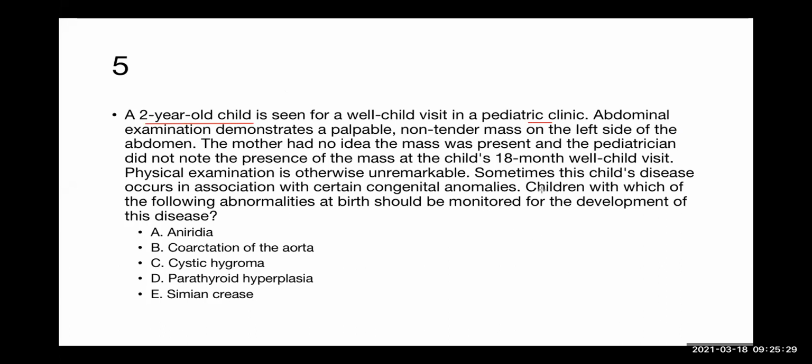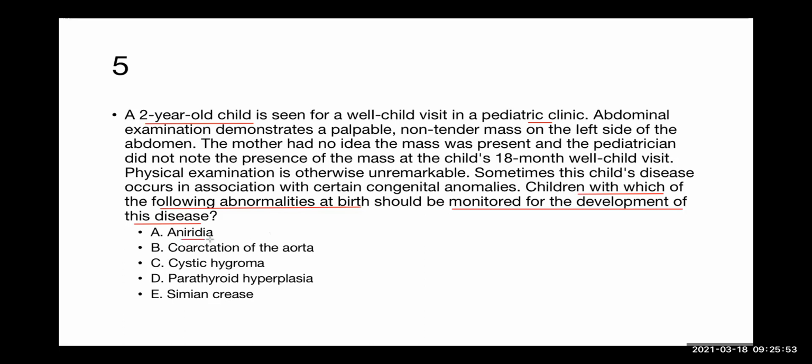Children with which of the following abnormalities at birth should be monitored for the development of this disease? There are certain developmental abnormalities given here, but which one is associated with Wilms tumor? That is the question.